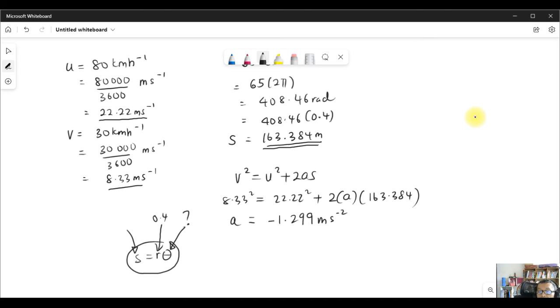This is what we need to know. And S is negative 1.299. So our angular acceleration would be given by S over r, which is negative 1.299 divided by 0.4. 3.25. That's the answer. Negative 3.25 radian per second per second.